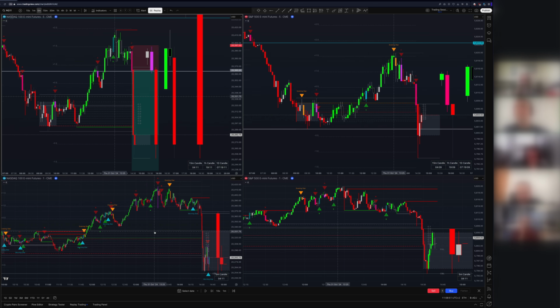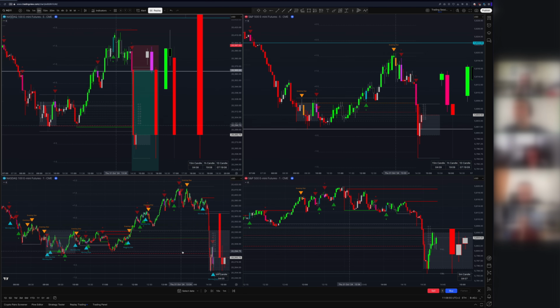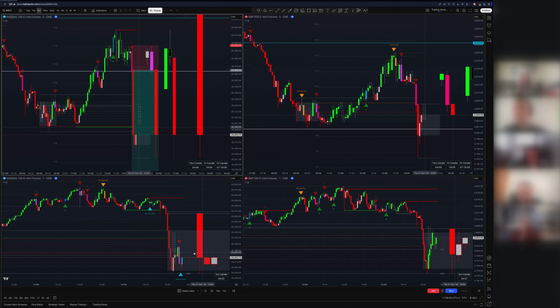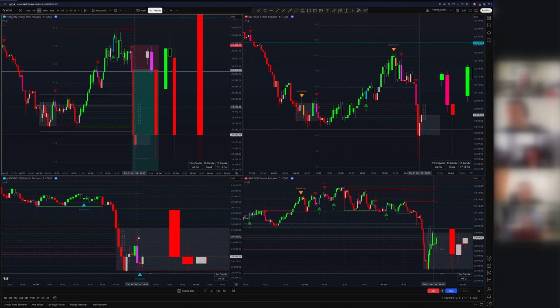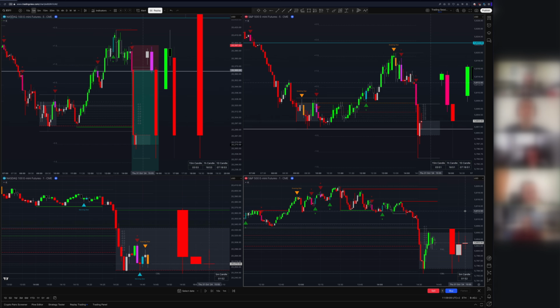On a 1 minute time frame this could be just a pullback to the range low of the European session, and we had a reversal candle here. Now an evening star, so the trend could continue.